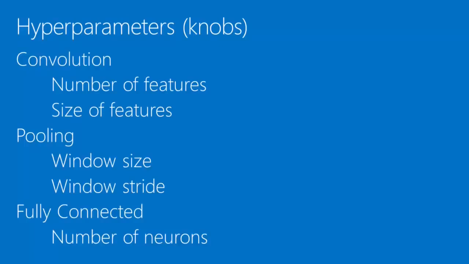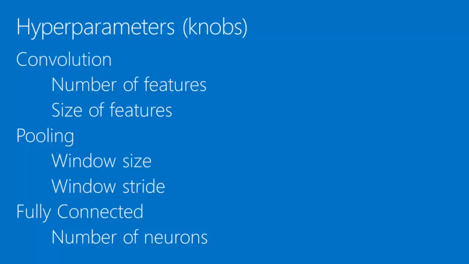Now, there are some things called hyperparameters, and these are knobs that the designer gets to turn, decisions the designer gets to make. These are not learned automatically. In convolution, figuring out how many features should be used, how big those features should be, how many pixels on a side. In the pooling layers, choosing the window size and the window stride.